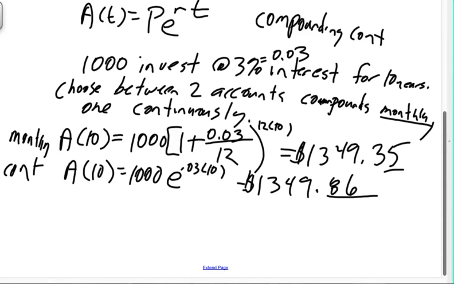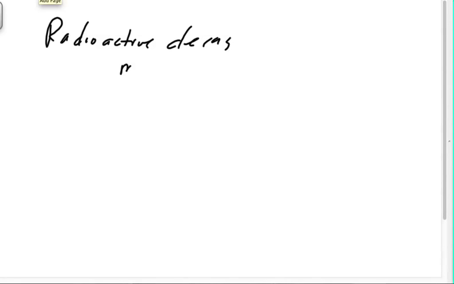Okay, so now let's look at another example. Radioactive decay. Let's say the equation we're given is 13 times e to the negative 0.015t.